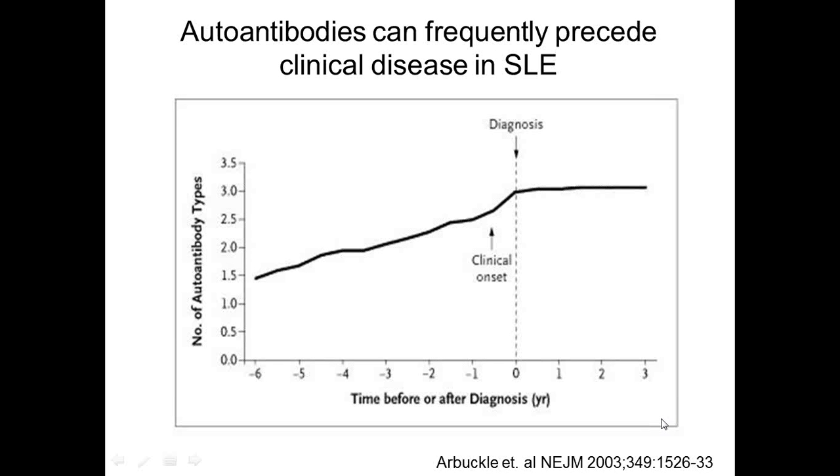And so it's kind of interesting because the genes, by definition, you're born with them, and then you start making antibodies, and you make more and more antibodies as time goes on. That's what the sort of rise in the line as it goes from left to right indicates. And then maybe that's when you sort of pass the threshold and make more interferon and then develop lupus. That's hypothesized, it's not proven, but that's sort of an interesting way that we think these things may come together.